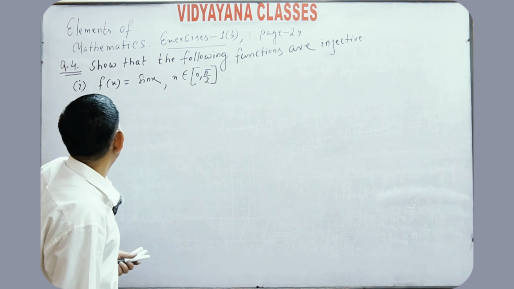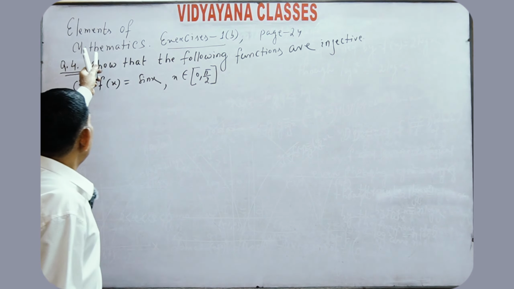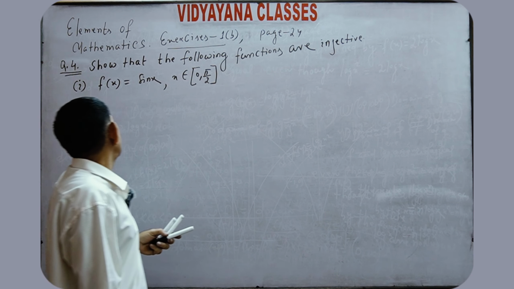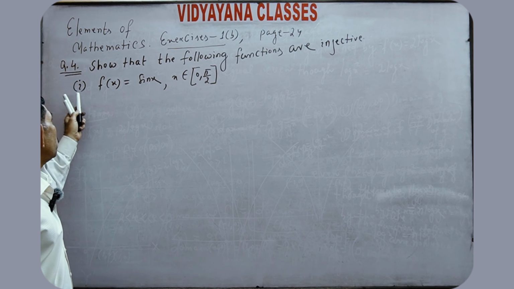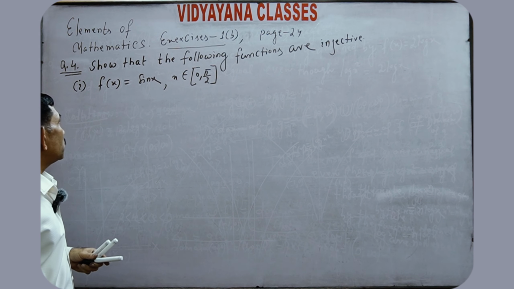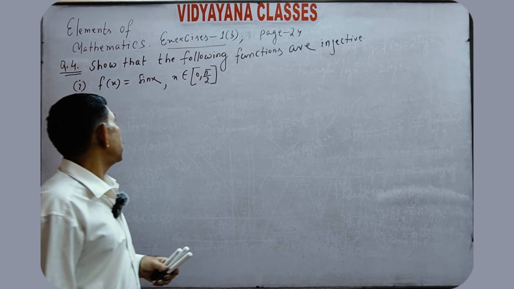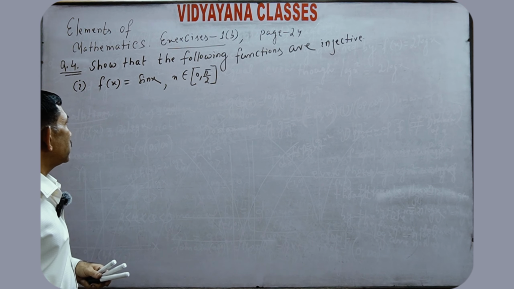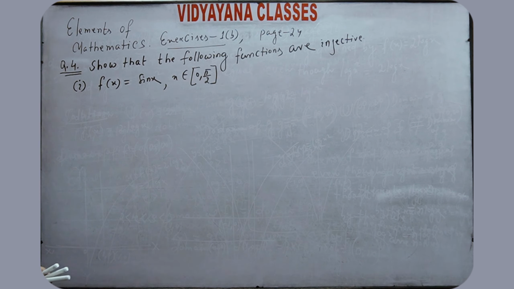Next question. Elements of Mathematics, exercise 1b, page number 24. Question number 4, first bit. Show that the following functions are injective. The function f(x) is equal to sin x, x belongs to closed bracket 0 to pi by 2.